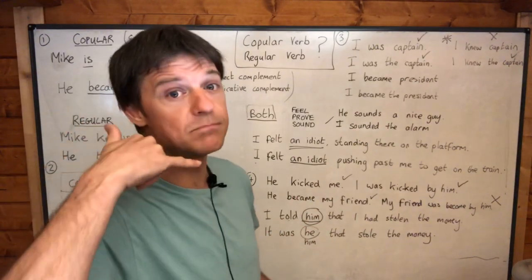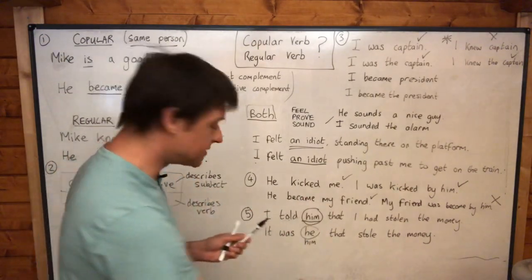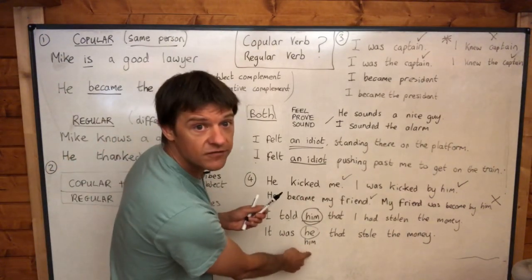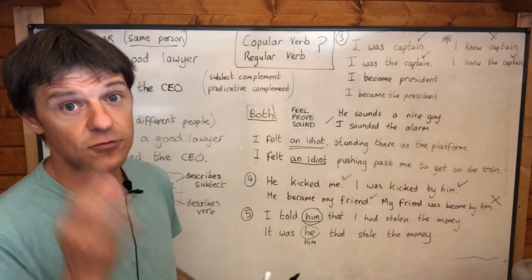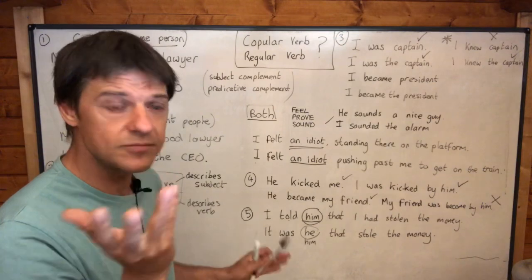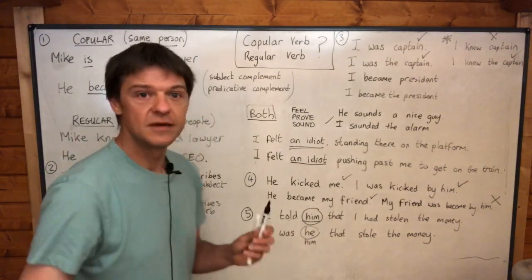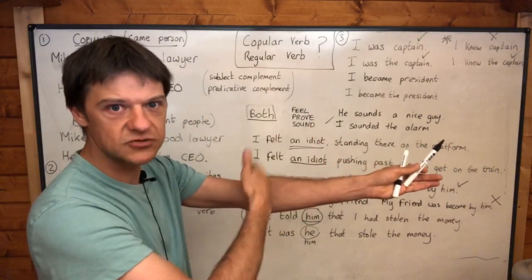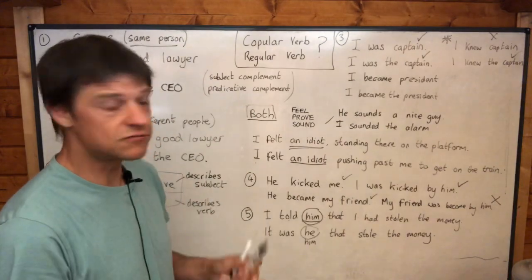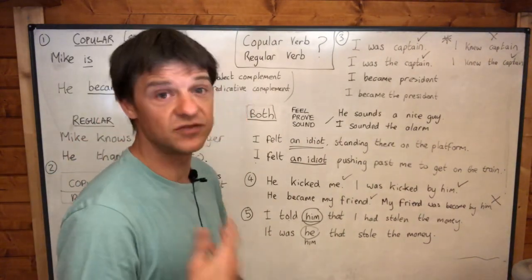Everybody says it's me. So we tend to use now in speech the object form of the pronoun, even though the subject form is technically correct. And the subject form makes a lot more sense because there is an equivalence between the subject and the subject complement, so they should both be in the subject case. It shouldn't really be in the object, but over time we have started to say it was him that stole the money.